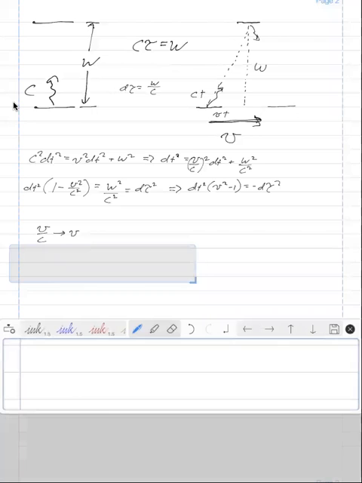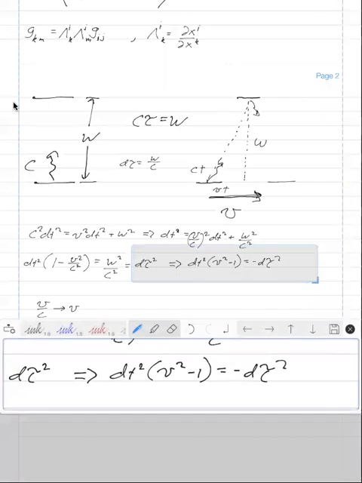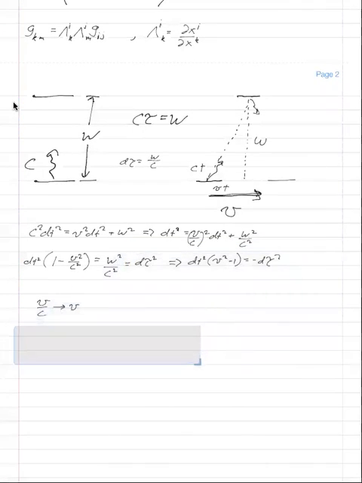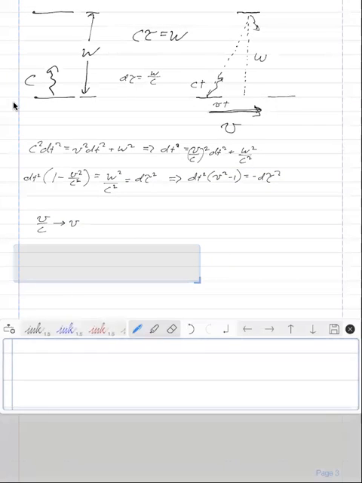All right, so now we have this relationship, and I'm going to notice that v squared is the magnitude of the velocity, but the velocity is just change in position divided by change in time. So I have that dt squared times, I'm going to rewrite v squared now. Well, v squared is the same thing as dx squared divided by dt squared.